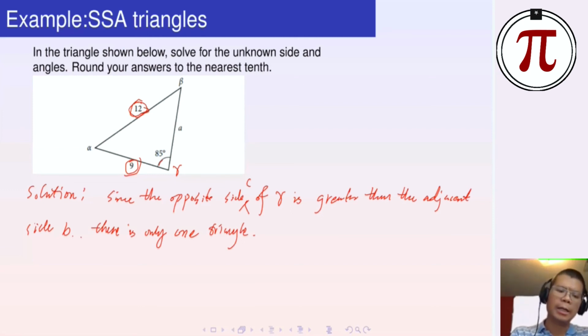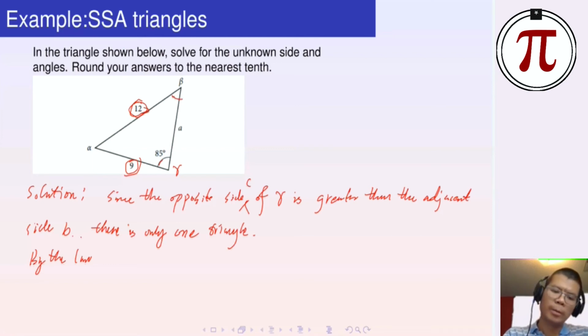So we will have, by law of sines, well, because this is 9 and this is 12, you can firstly find beta. Yes, find sine beta at least, right?